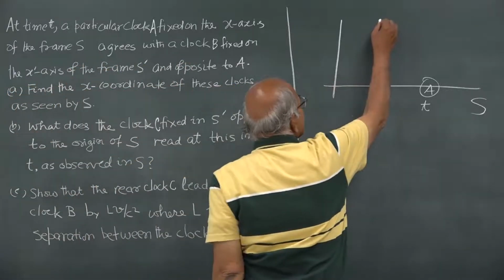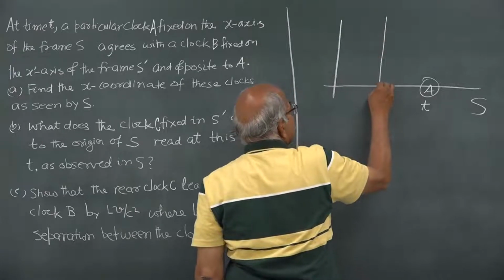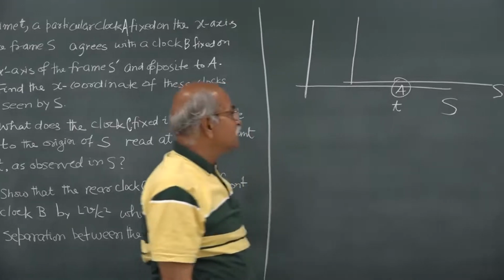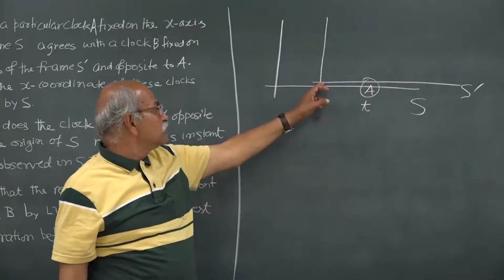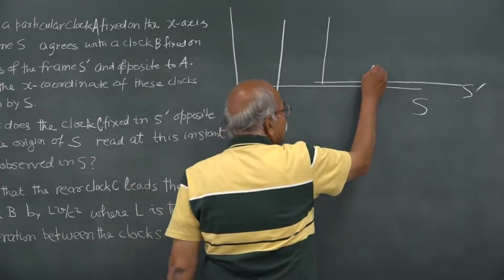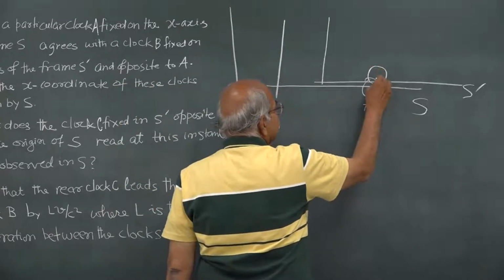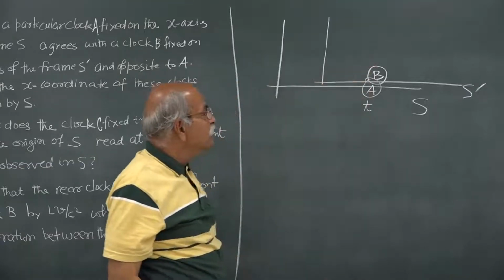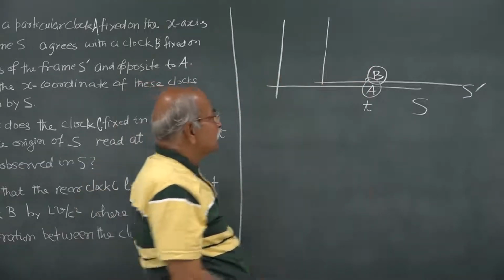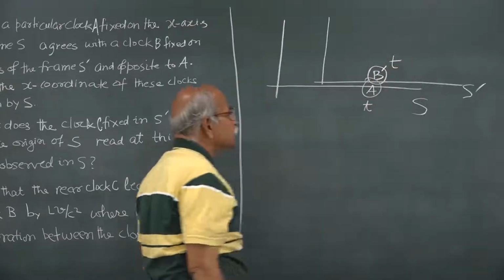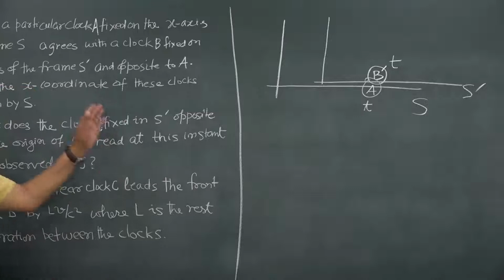So, fixed on the x axis of the frame S agrees with a clock B fixed on the x prime axis. So, you also have a frame S prime, and since we are talking of time t, I am not making the two origins coincide. There is a clock fixed in S prime, and this clock is B, just opposite this A, and it agrees. That means this clock also shows time t. So that is the meaning of the first sentence.